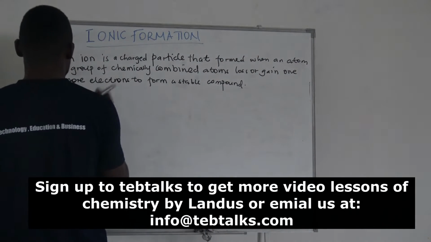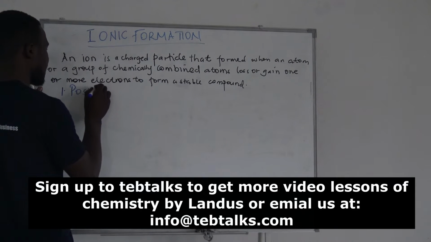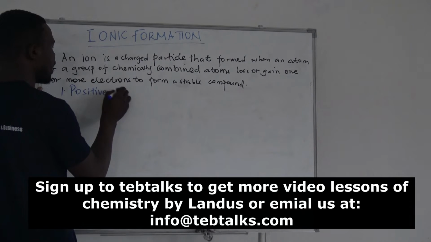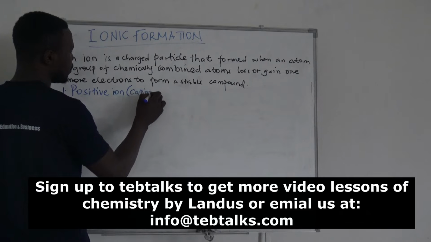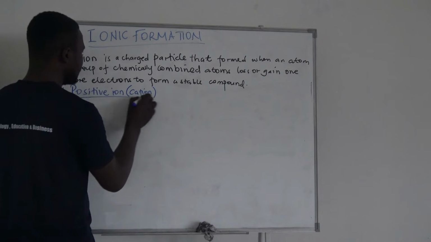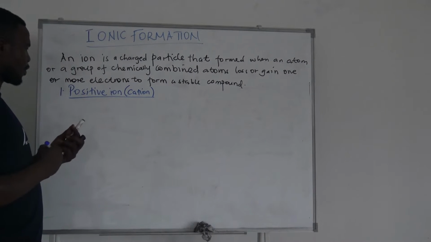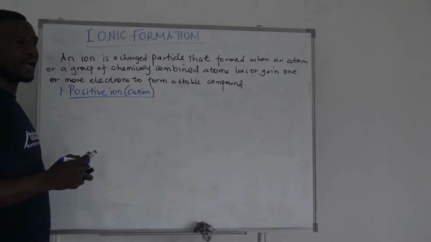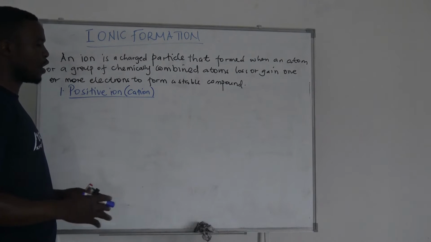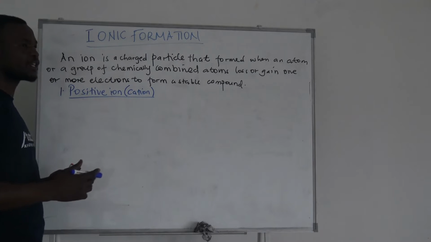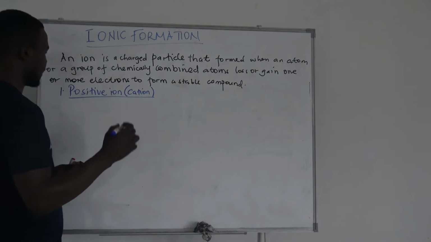Let us begin with the positive ion, also called a cation. A cation is an atom that has lost electrons to form an electronic configuration that is stable like that of a noble gas.